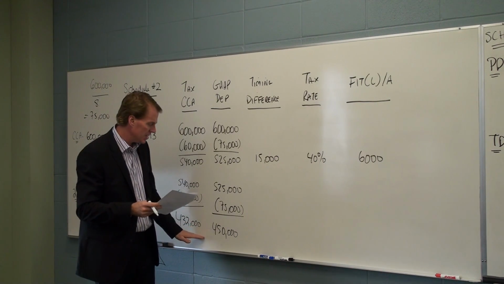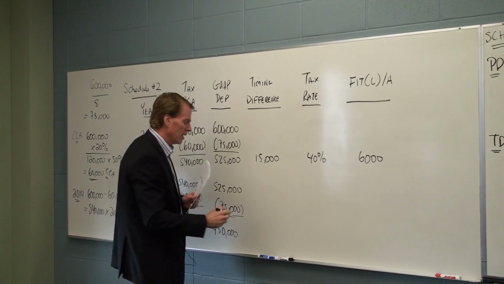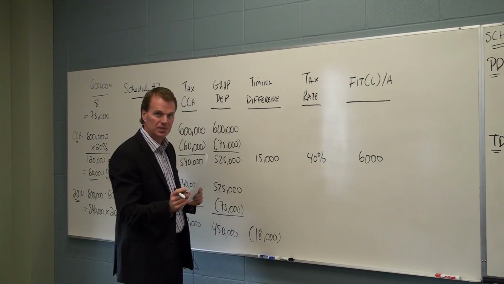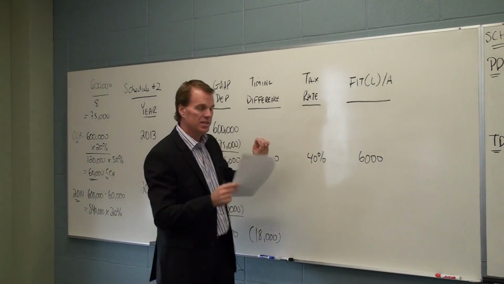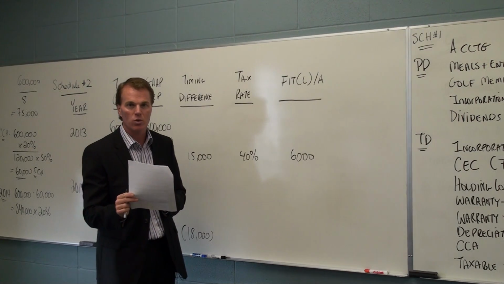Now, when I take a look at this calculation and I read it from left to right, I notice that it's a minus $18,000. I'll then, and this is the key part, use the future tax rate that we're told.